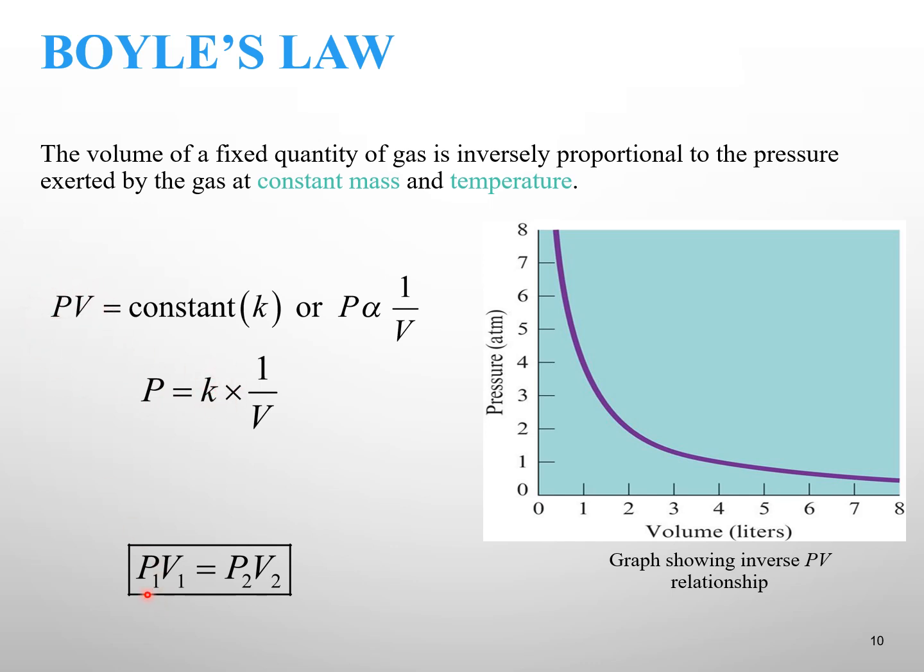So we have PV of the first scenario equals PV of the second scenario, because the number that it multiplies to will equal K. It will be the same number. So you can see a graph here. If you reduce the pressure, the volume actually increases right there.